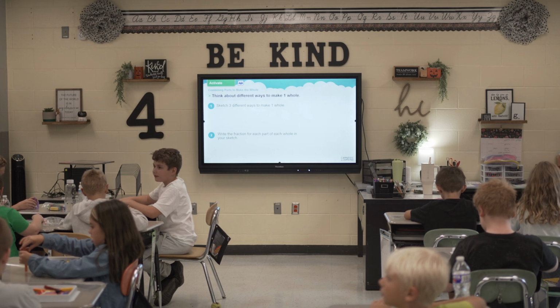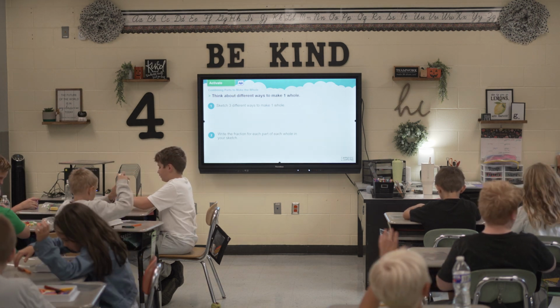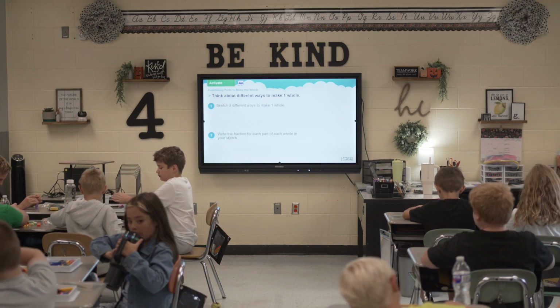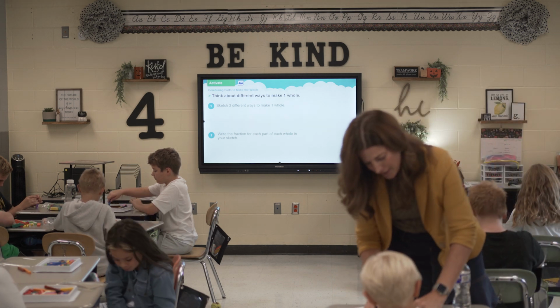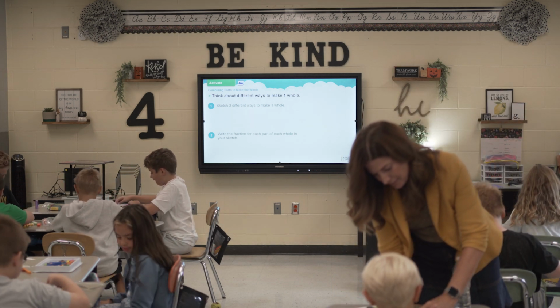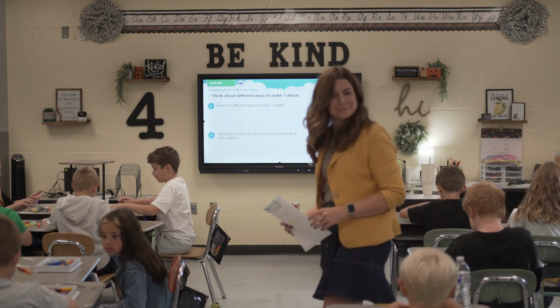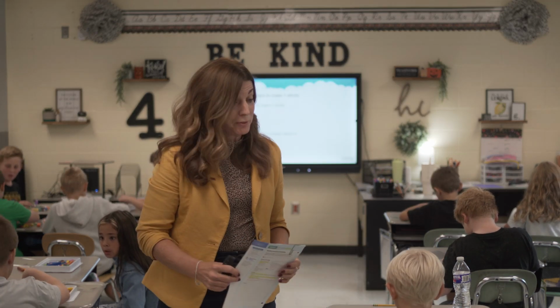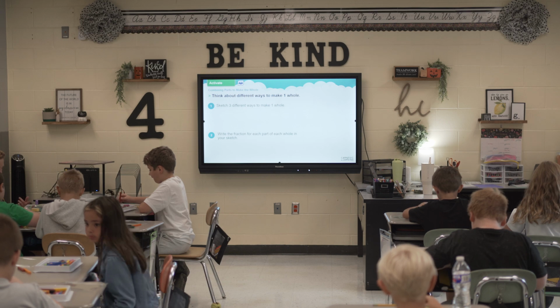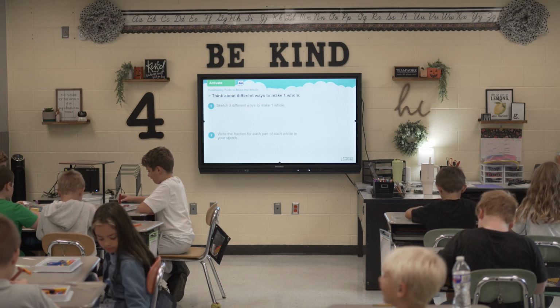Hey guys, can everybody move their water bottle down by their desk? That way it doesn't get in the way. There you go. Oh, it'd be nice if they had connectors. That would be a whole other way that we could play with them.